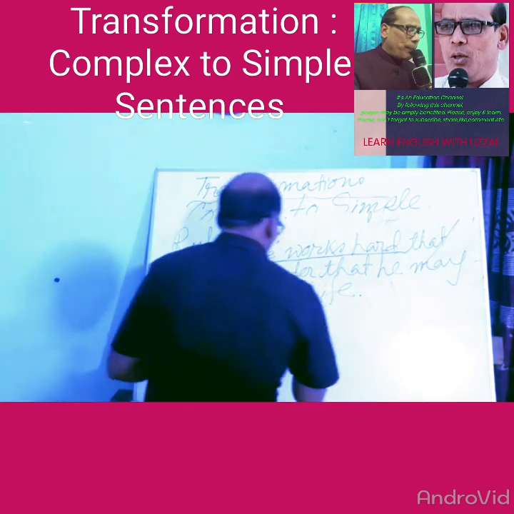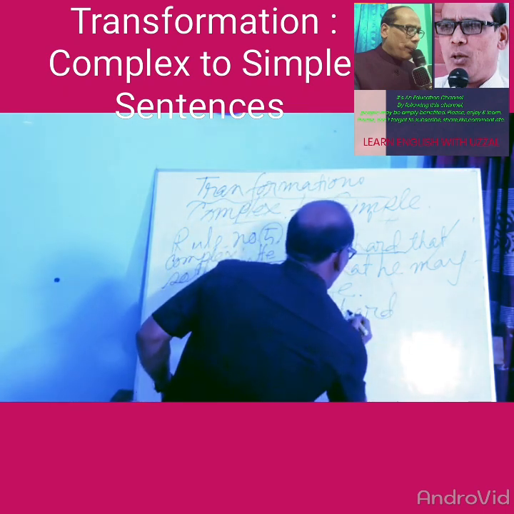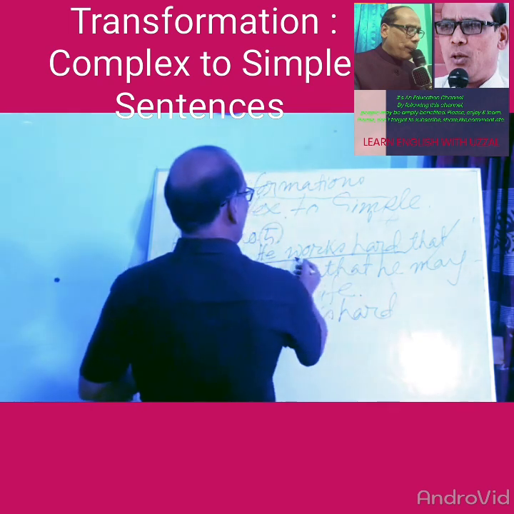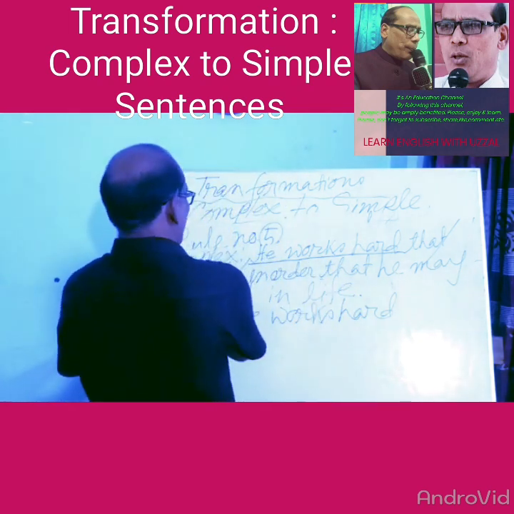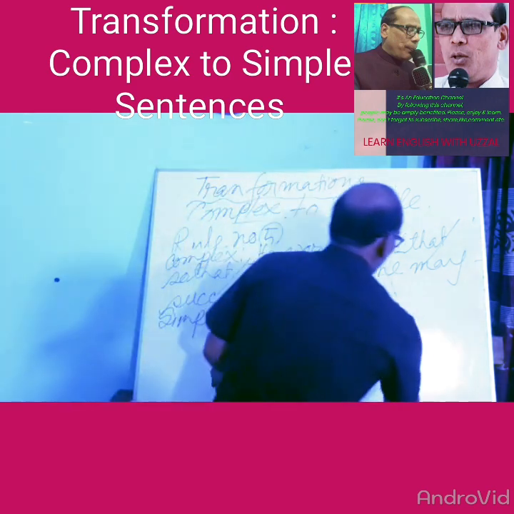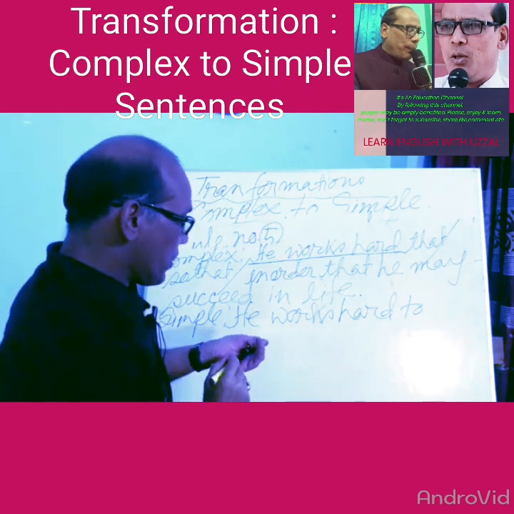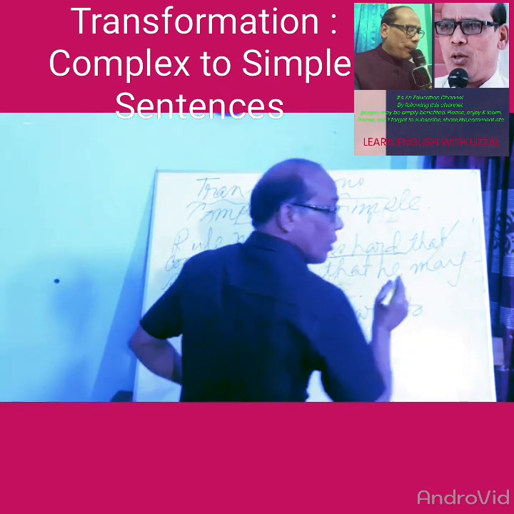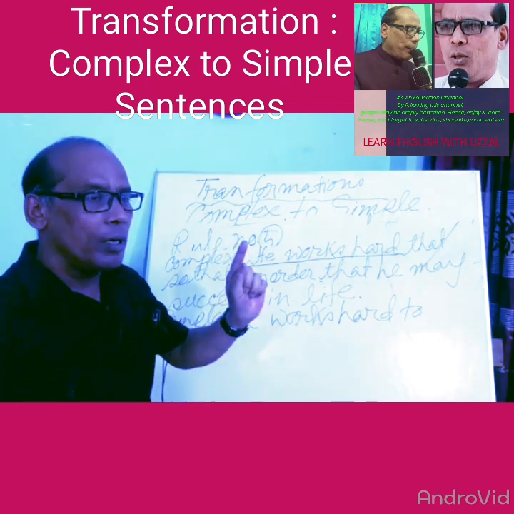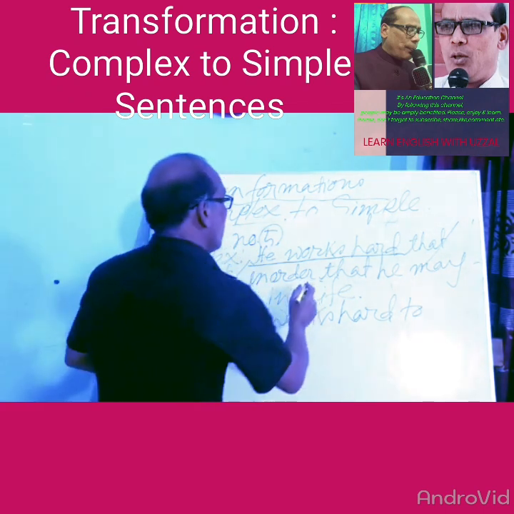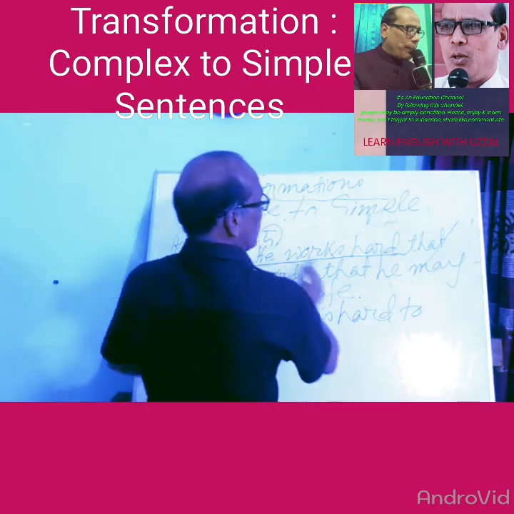So I am going to write he works hard, and in the place of that, or so that, or in order that, I will use only to. And we know after to, the base form or present form of the main verb is used. That, so that, in order that will be omitted.